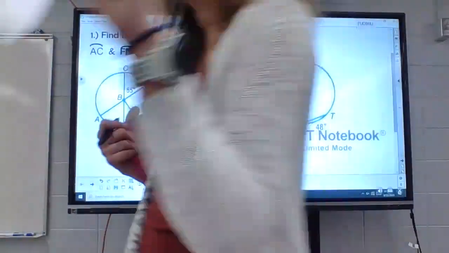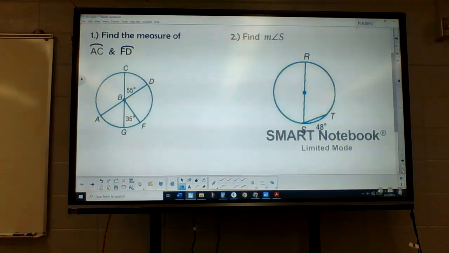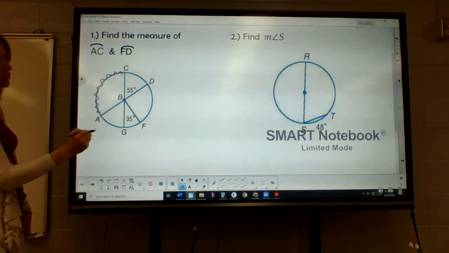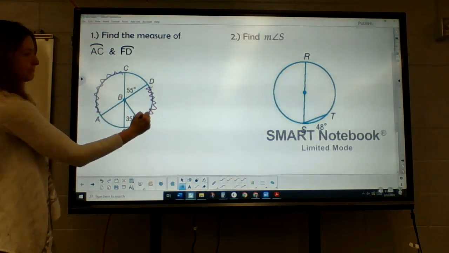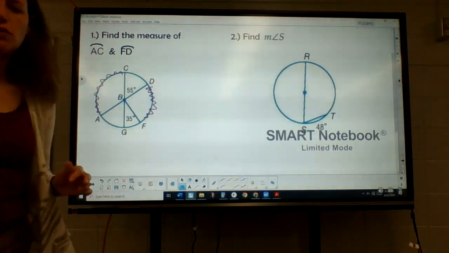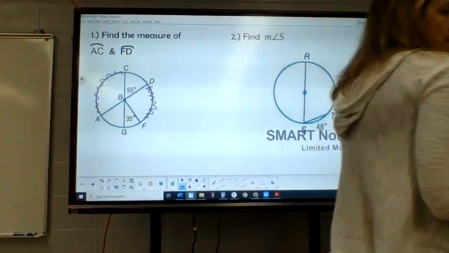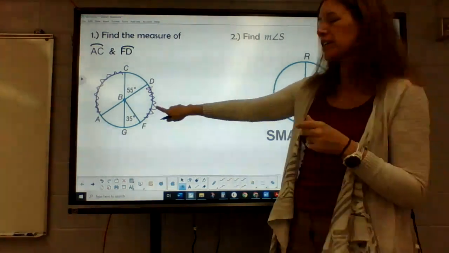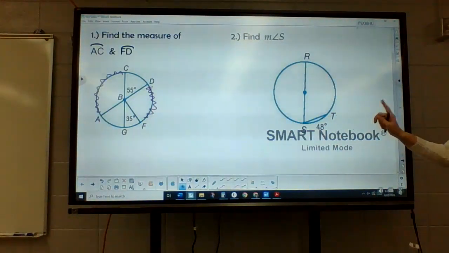All right, so guys, they want the measure of arc AC, and they want the measure of FD. So those two arcs there. Now there's two different problems going on this screen. We're using central angles over here, and then we're using inscribed angles over here.